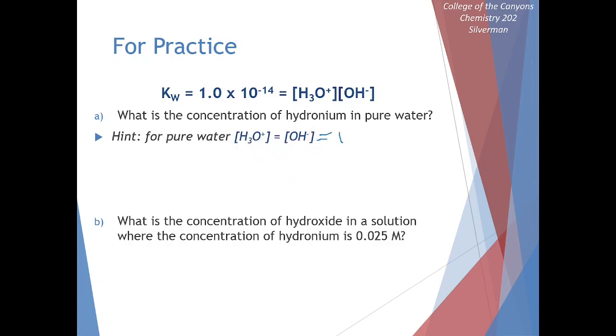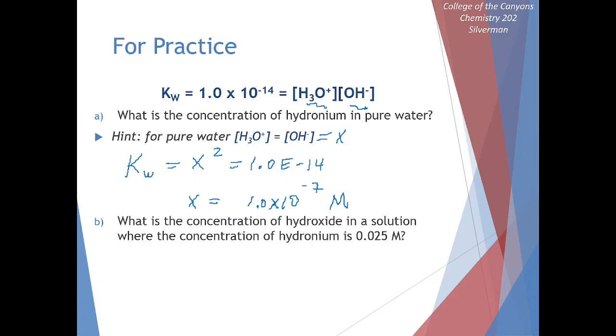To save some time, I'm just going to call this concentration X, and we can say that Kw has to be equal to X times X. And in fact, we know the value of Kw. We can solve this. Our concentration has to be 1.0 times 10 to the negative 7th power. Our units here get to be molarity when we're using our equilibrium constant.